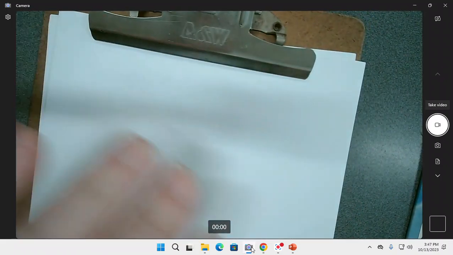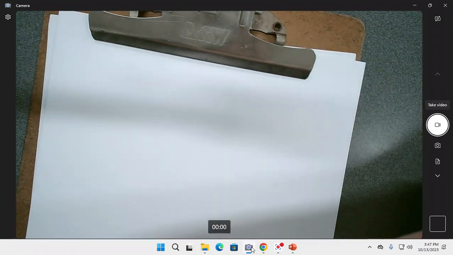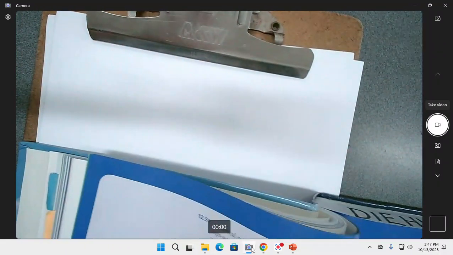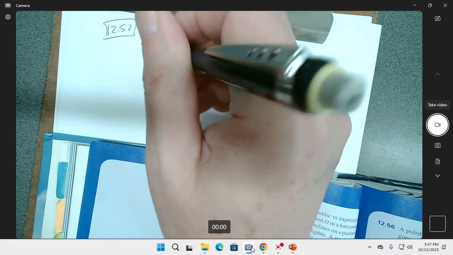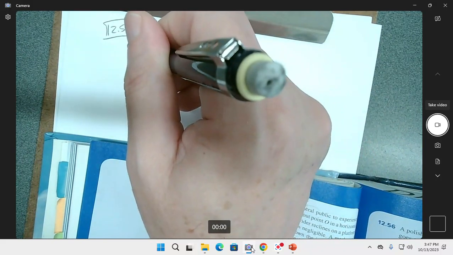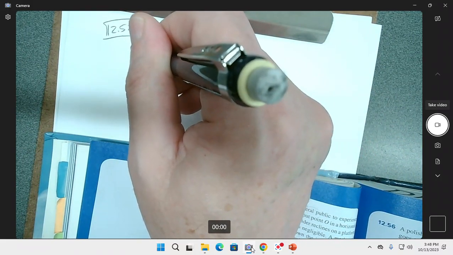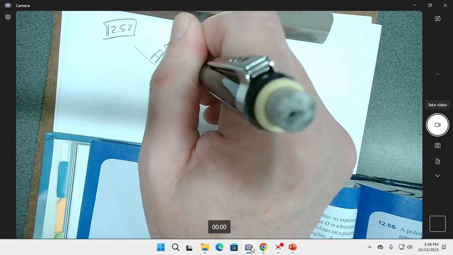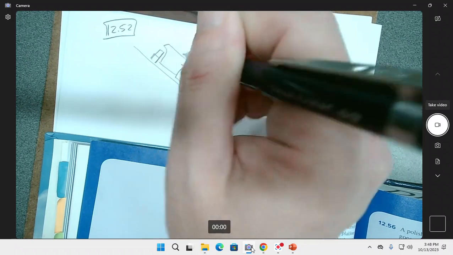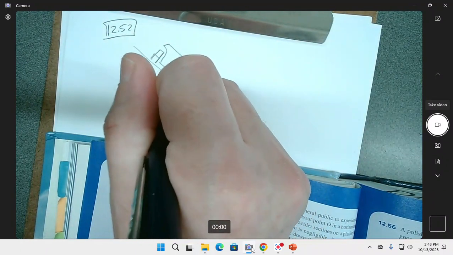The idea in any of the car skidding problems is, let me go back to the problem here. This is 12.52. We have a car. It doesn't matter what it looks like. And we have an angle.